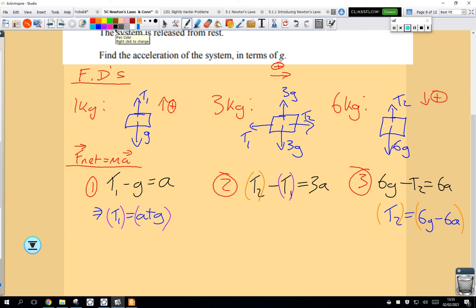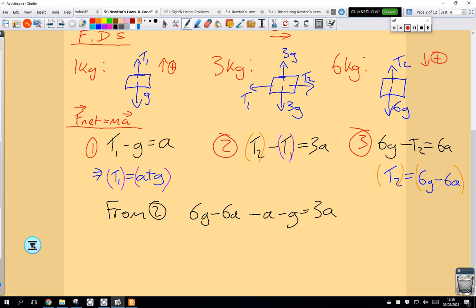Very simple to solve. So from equation 2, substituting everything in, T2, which we're saying is 6g minus 6a, subtract T1, well that's subtracting all of a and g, so subtracting a and subtracting g, that's equal to 3a. Solving, really straightforward now.